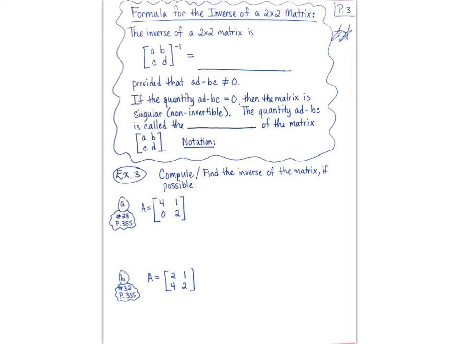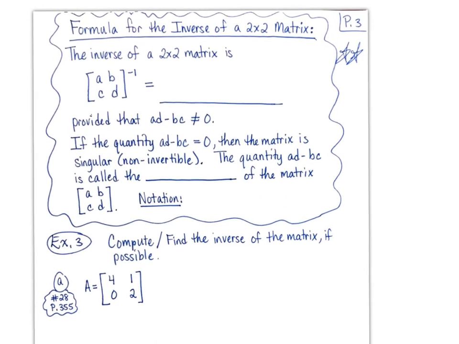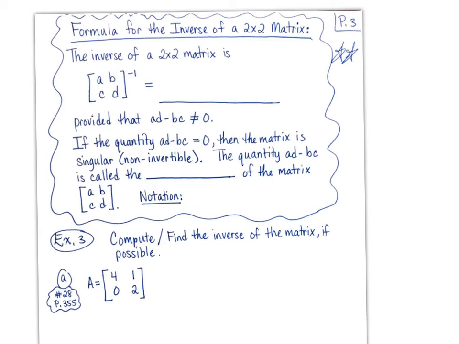Okay, the inverse of a 2 by 2 matrix with entries A, B, C, and D is equal to 1 over AD minus BC times the 2 by 2 matrix with entries D, negative B, negative C, and A.